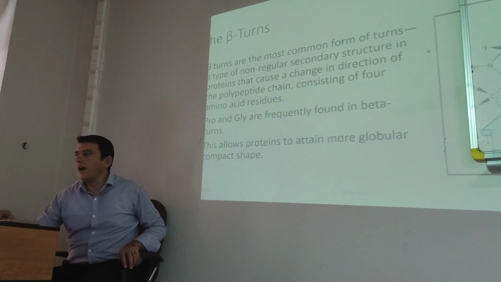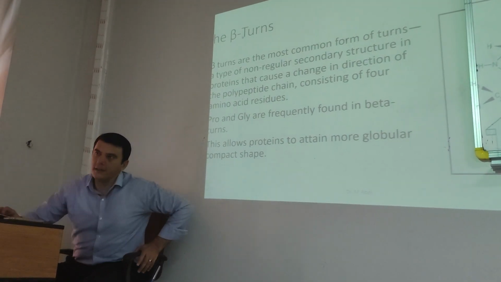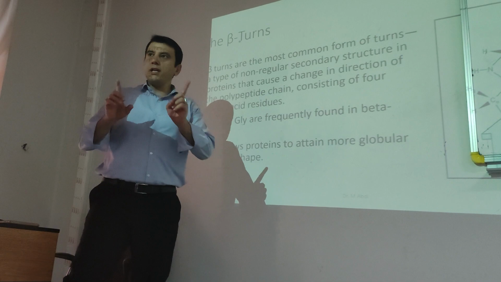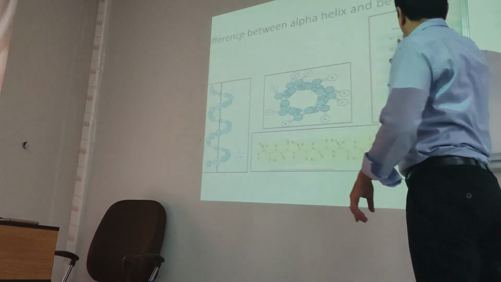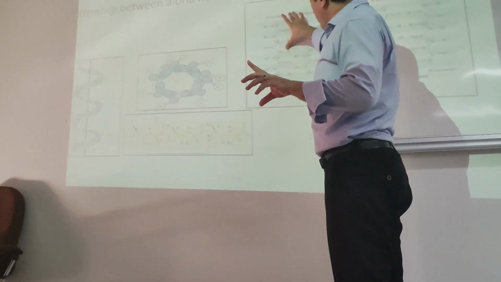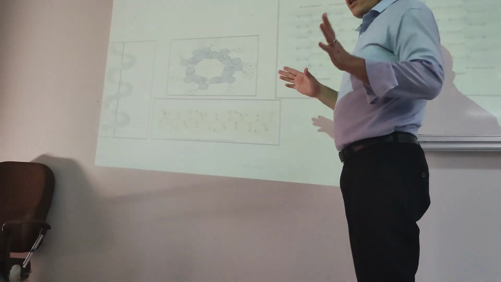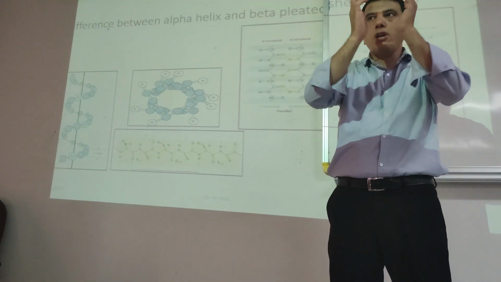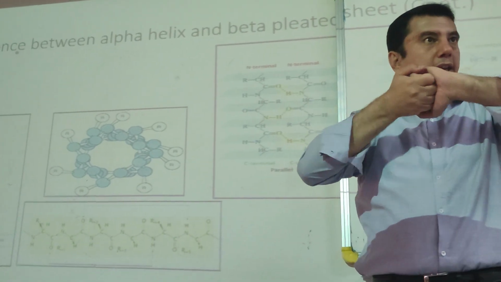And the other secondary structure is the beta turn, which will happen when two chains of beta sheets exist. When we have two chains of beta sheets, we need to attach and join these two chains.